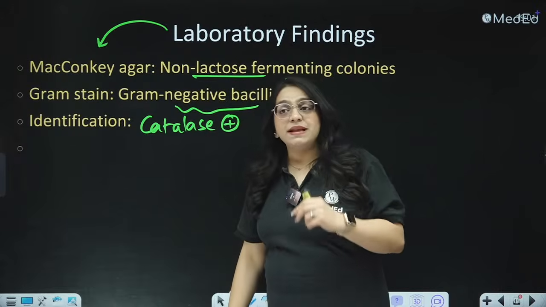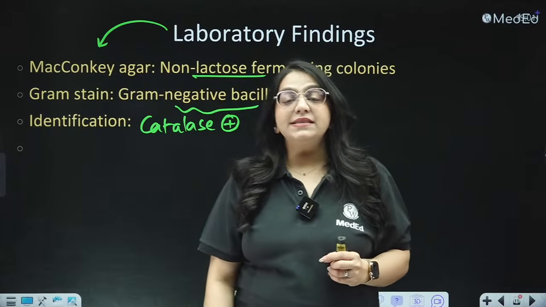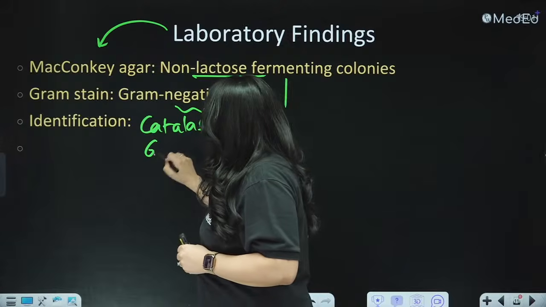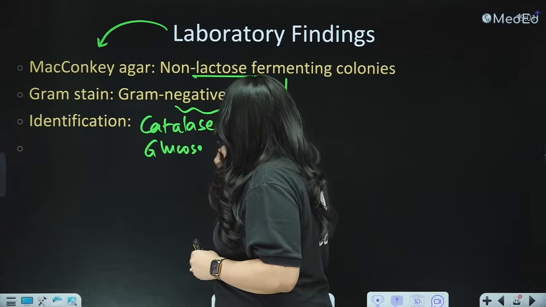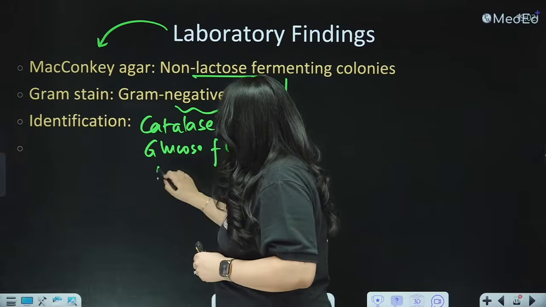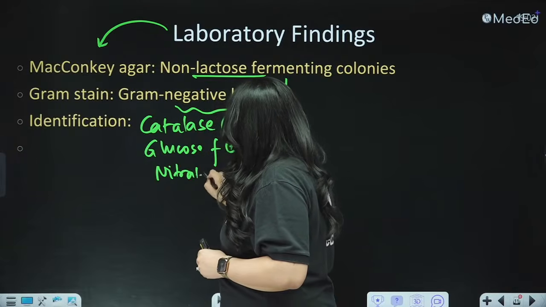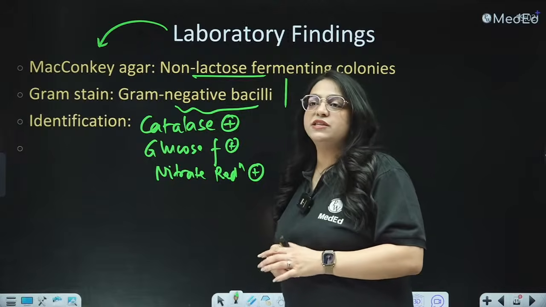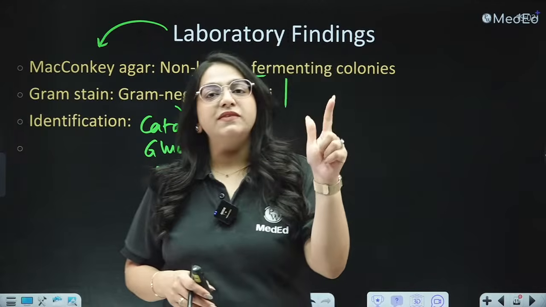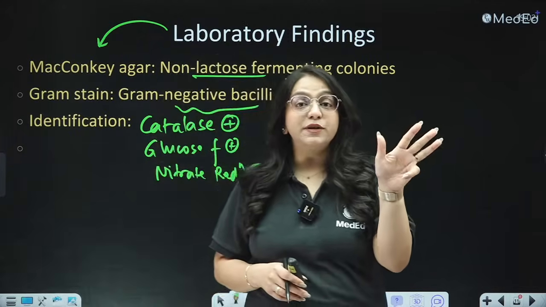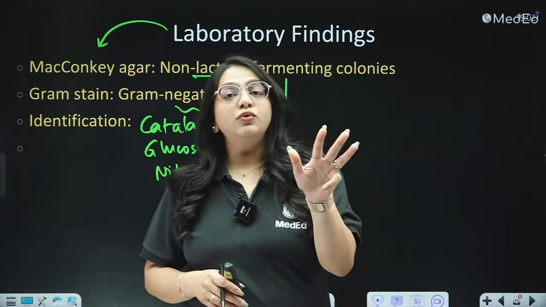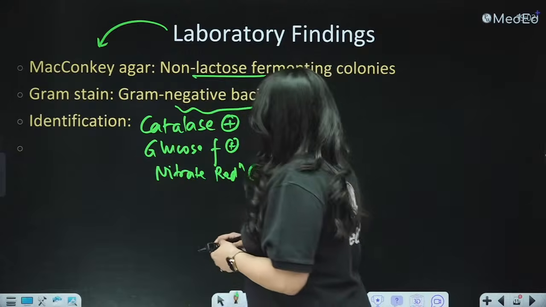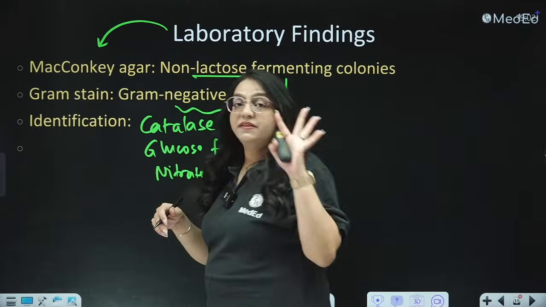Then the next best thing that we have to do is we want to place it under the Enterobacterales family. So for that we need to do glucose fermentation. It is telling me that the glucose fermentation test was positive. Nitrate reduction test has also come out to be positive. Right, so all the features of a gram-negative bacterium: glucose fermenter, nitrate reducing, catalase producer, then you have to know whether it is a facultative anaerobe.